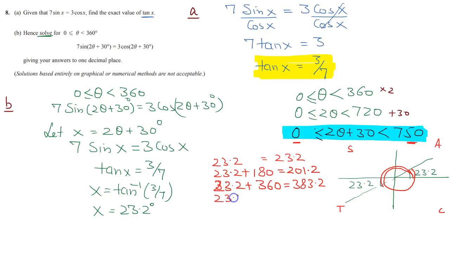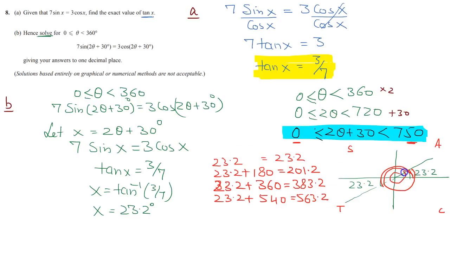Then 23.2 plus 540, that is 563.2. You can use the way you want.